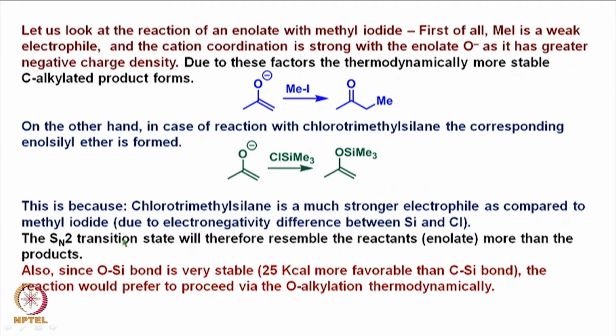In this case, the SN2 transition state will resemble the reactants, that is the enolate, more than the products. Also, since the O-Si bond is very stable, 25 kilocalories more favorable than the C-Si bond, the reaction prefers to proceed via O alkylation thermodynamically. So these are the two other examples where C versus O alkylation can be checked.